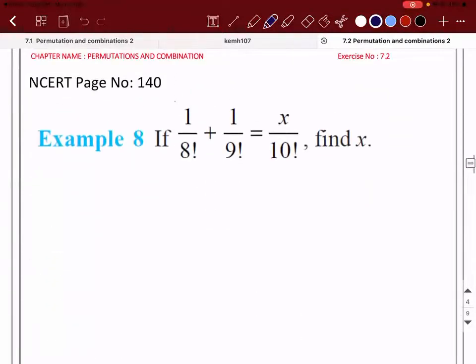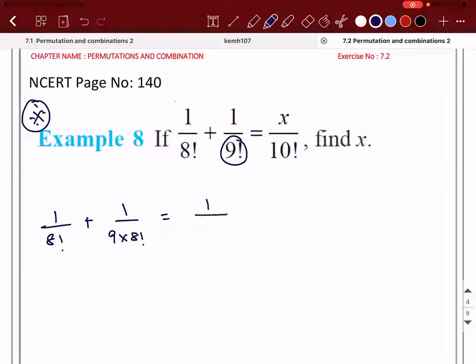Yes. So 1 divided by 8 factorial plus 1 divided by 9 factorial equals x divided by 10 factorial. So this is a tricky problem. This is a good one. See, how to solve this? Look at the numbers. Out of 8, 9, 10, obviously 10 is bigger. So don't disturb the smaller number. Try to write it in terms of the smallest number. So you'll write 9 into 8 factorial, and 1 divided by 10 factorial.